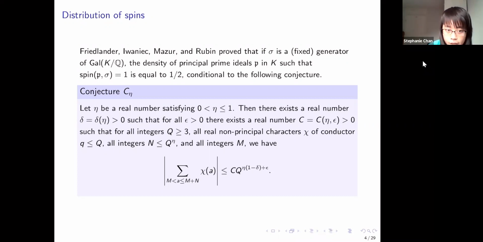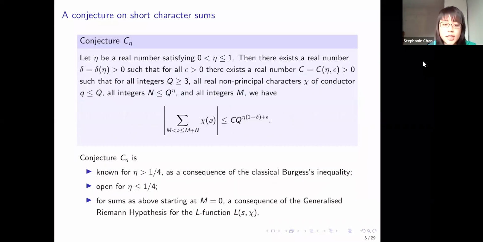So there are cases where this conjecture is proved. For instance, we have a parameter eta here, where n is less than or equal to the conductor to the power of eta. This conjecture is known when eta is greater than 1/4 as a consequence of the classical Burgess's inequality.